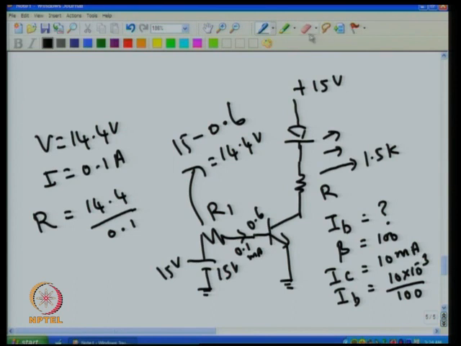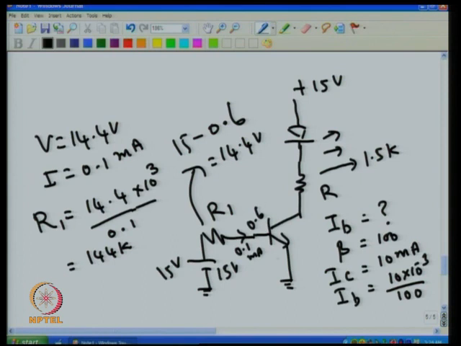If I take the milliamps here, that makes 10 power 3. So that comes to 144 K. So for this R1, I need 144 K. That will make sure that 0.1 milliampere current is flowing through it.